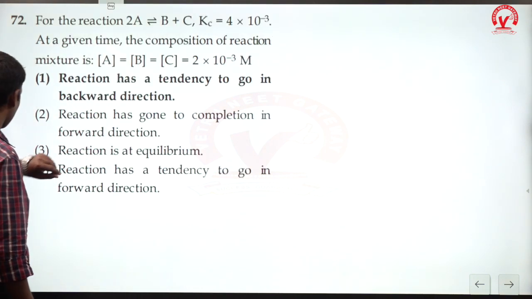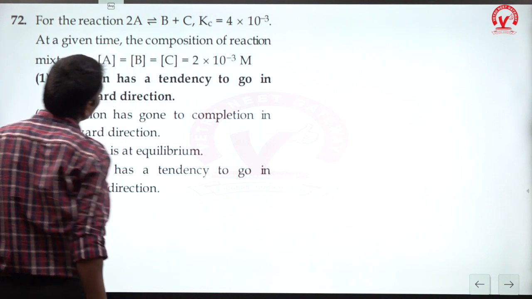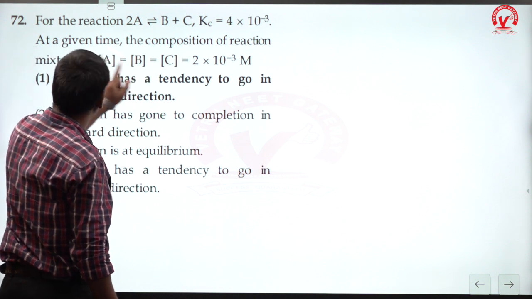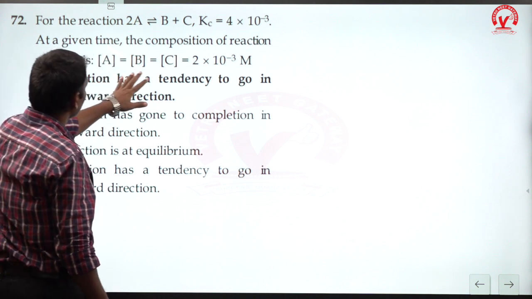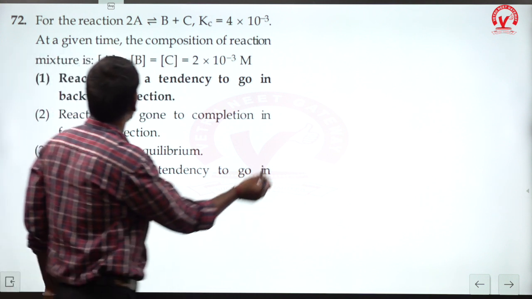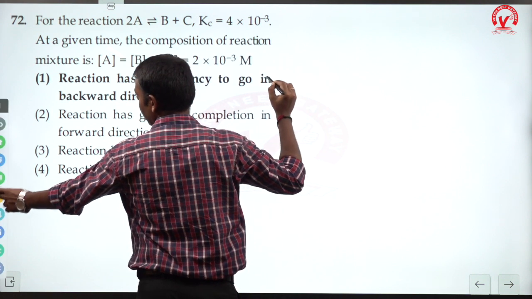Question number 72. For the reaction 2A changes to B plus C, Kc is given, and at a given time the composition of the reaction mixture is given, the concentrations. So please write the Qc expression here.